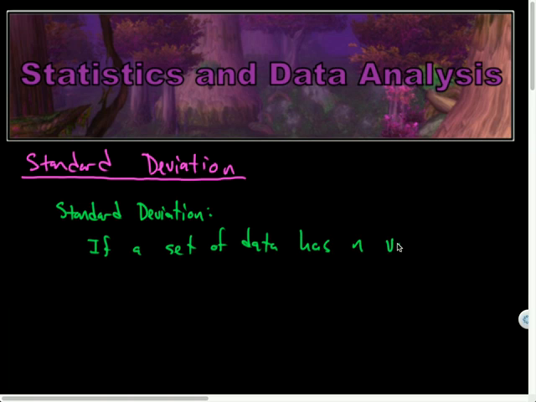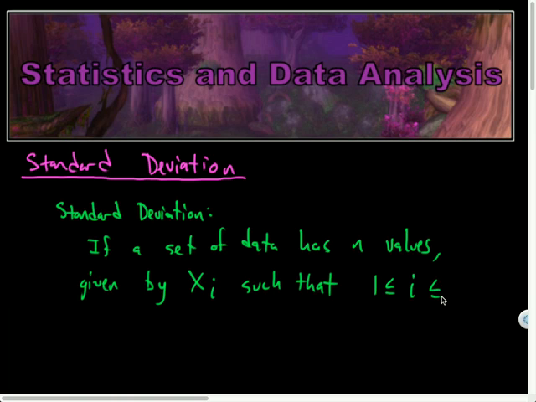n values, given by x_i, such that i is going to be between 1 and n.